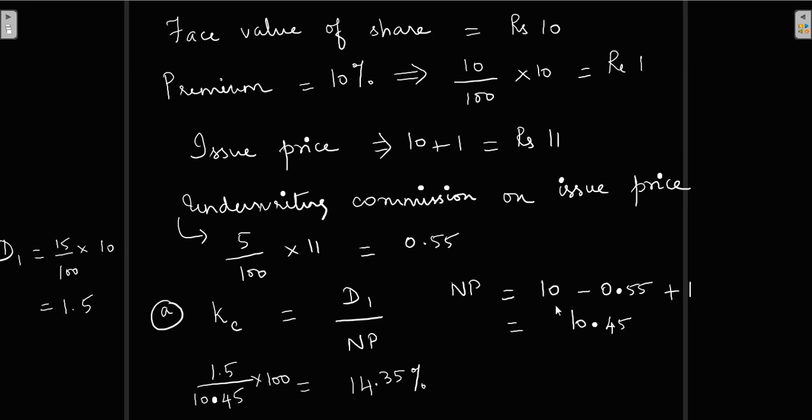So, 10 rupees is face value, minus 0.55 is issue expense, and plus 1 is the premium on the share price. So the cost of equity for the first scenario is 14.35%.